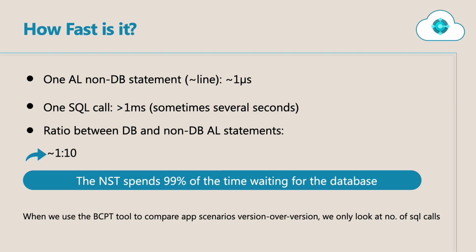Actually, we have some automated tests where we compare version to version or even build to build as the project goes forward. The only thing we care about there is the number of database calls, because the timing can vary for various reasons. So you actually count how many database calls. Yeah, and we can do that with the performance toolkit, which we encourage people to use.